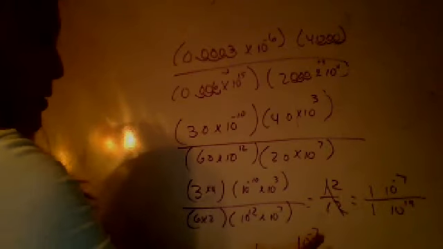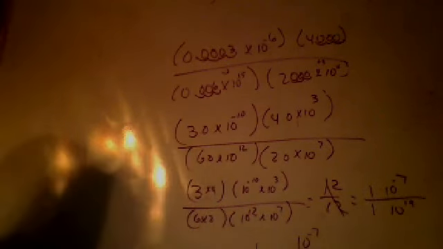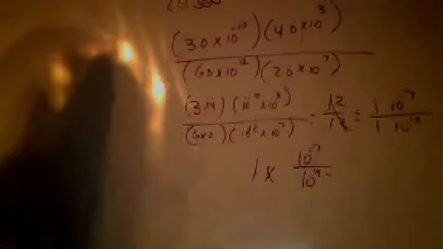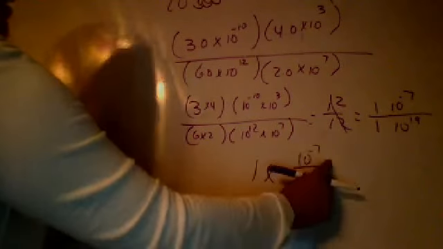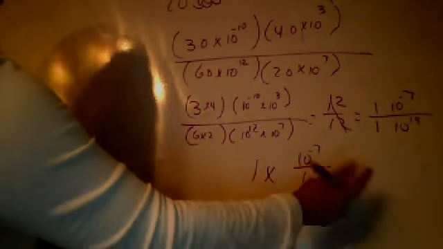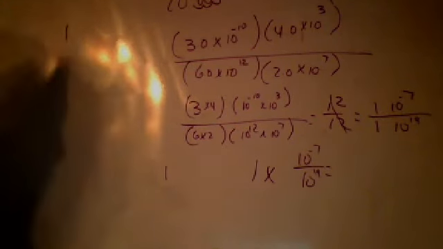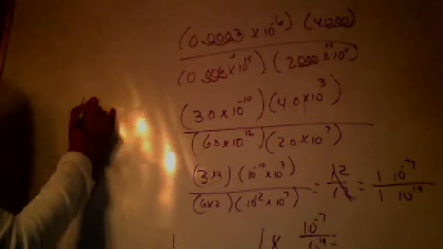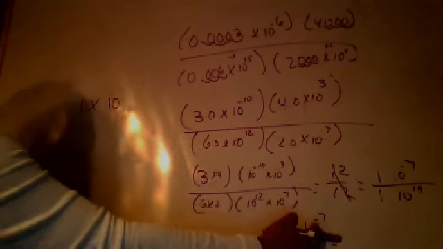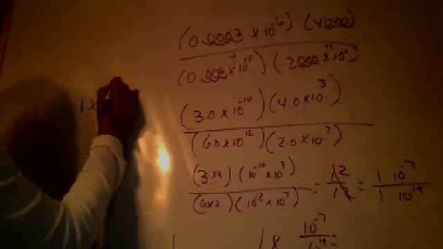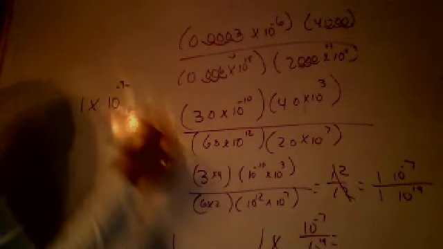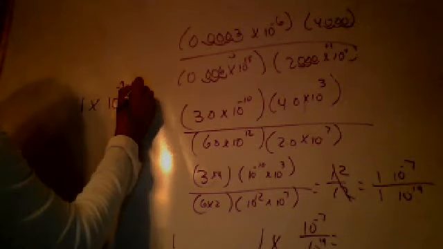Well, simply you use your quotient rule for exponents. And what is that? So you have to have the same base. You take the exponent of the numerator minus the exponent of the denominator.